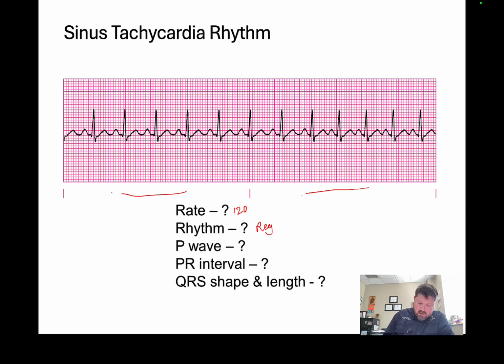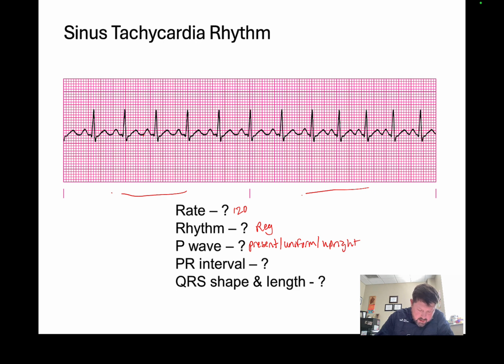P wave is present, uniform, upright. What about my PR interval? Well, let's measure. We'll find one that falls on a good line. We'll measure this one here.